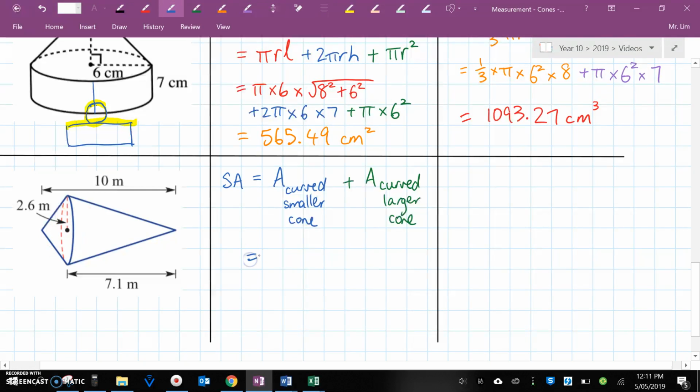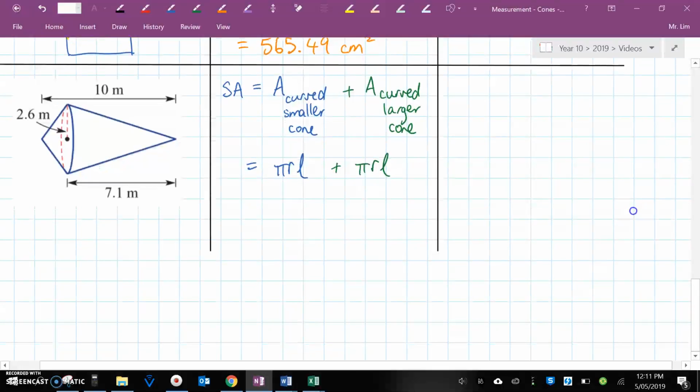The formula for the curved section of any cone is pi RL, plus another pi RL. It's just that L is going to be different for both. Pi times 2.6 times, okay, so if we are to create a right angle triangle here, that is 2.6.